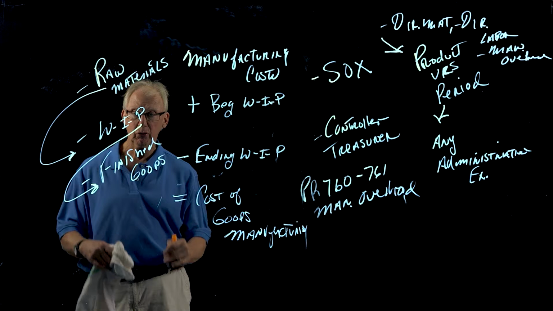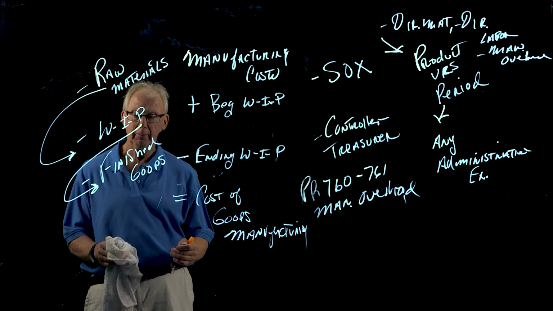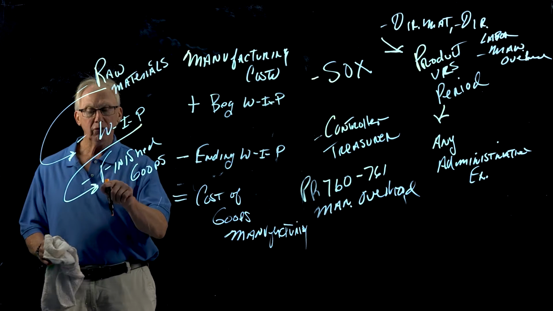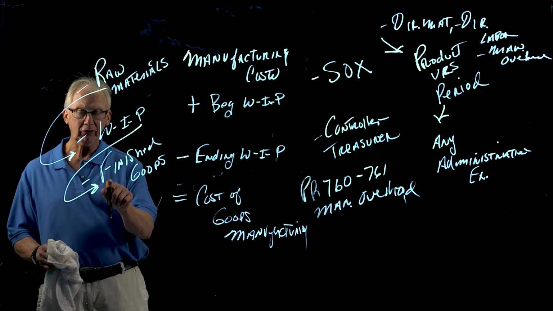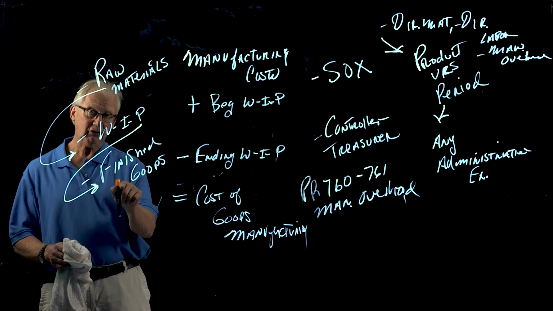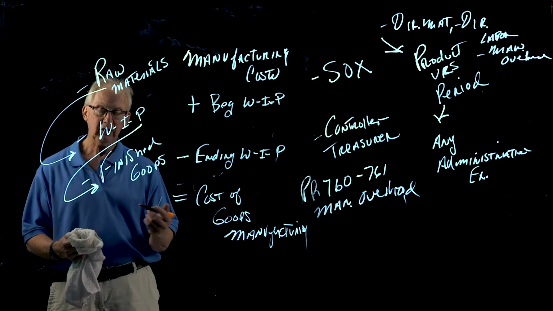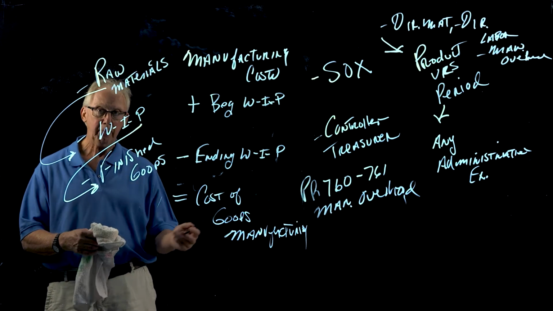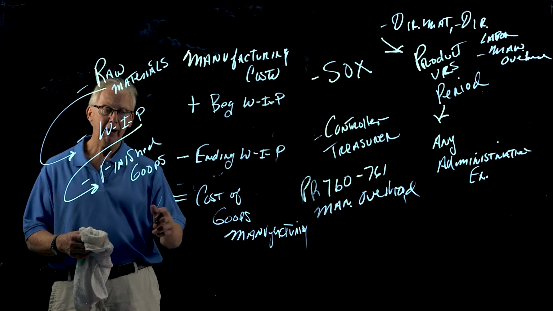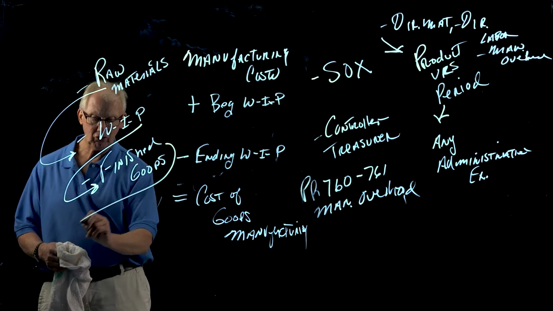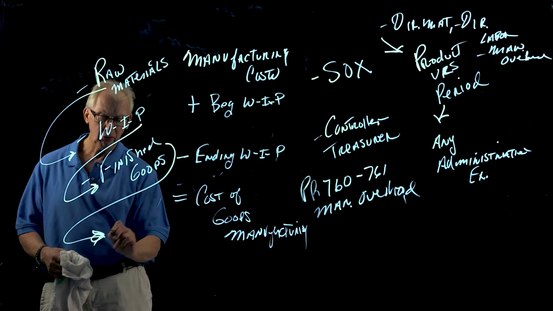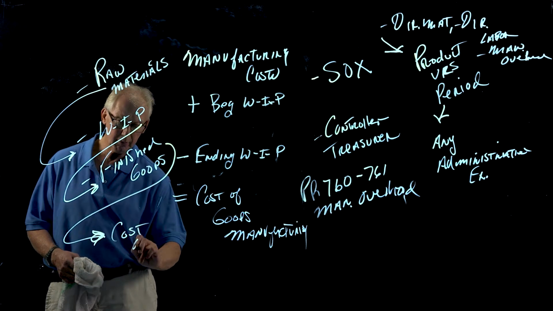Okay, 3 inventory accounts in managerial accounting. So the job finishes, moves into finished goods, and sits there until it gets sold. We send our marketing department out, they find a buyer, we sell the product, and it moves from finished goods into cost of goods sold.